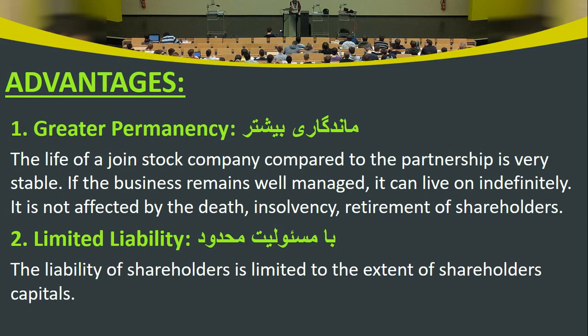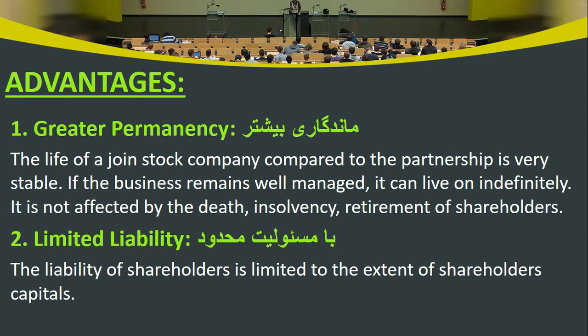Like, it is continuous. The entering or going of the shareholders does not have any impact upon the continuation or duration of the company. So we say that the life of the company is not affected by death, disability, insolvency, or disagreement of shareholders.